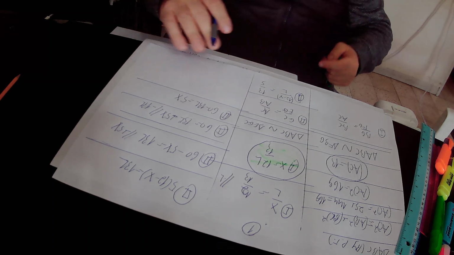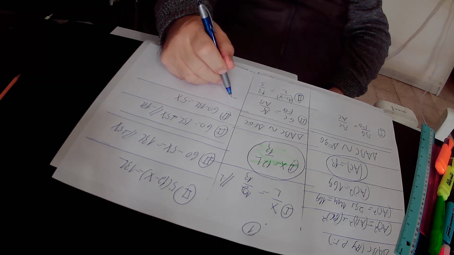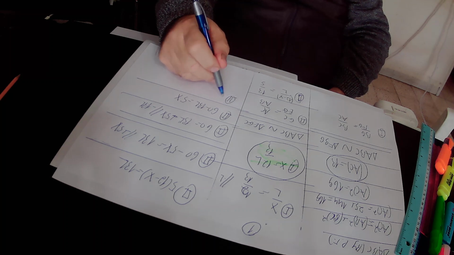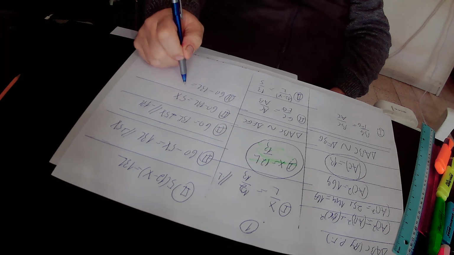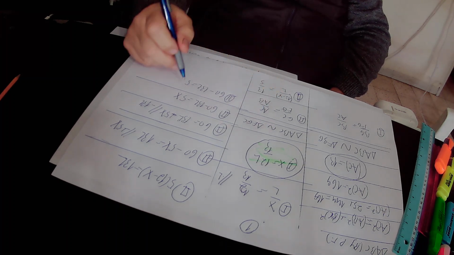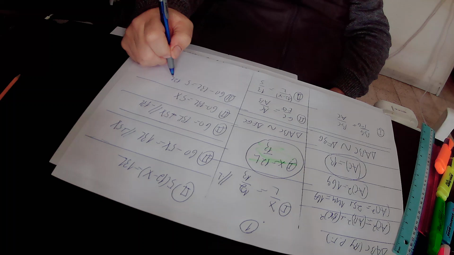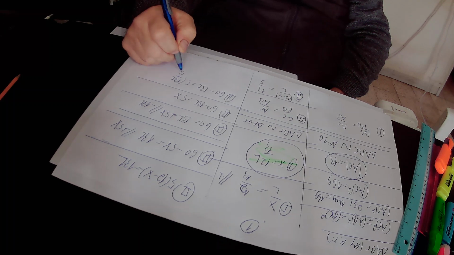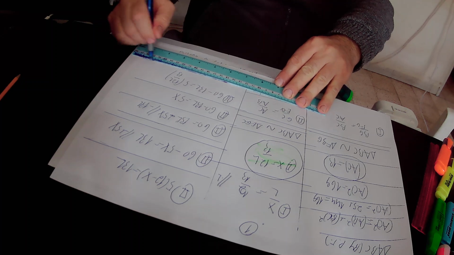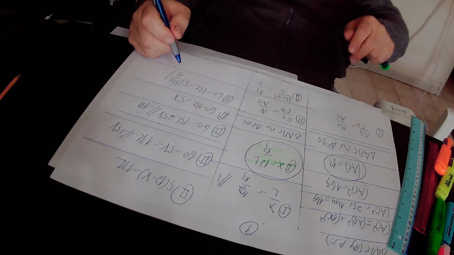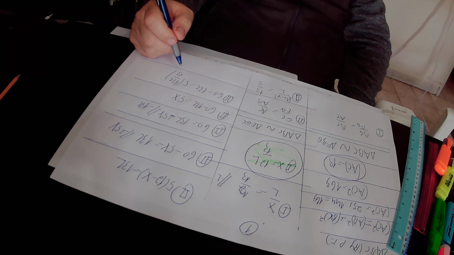We do it now, and we get that 60 minus 13L equals 5 times 12L over 13.